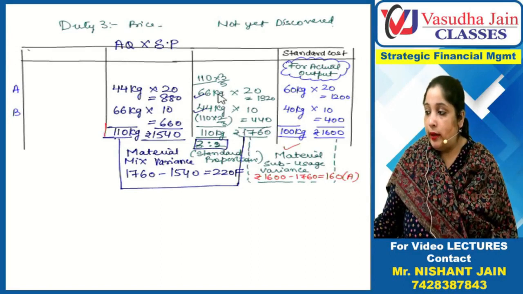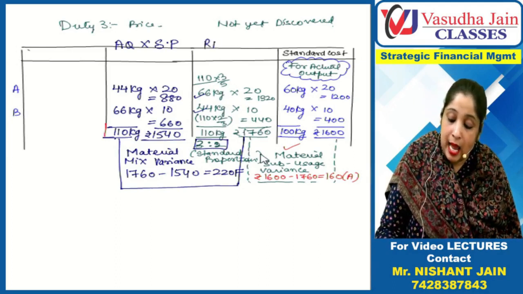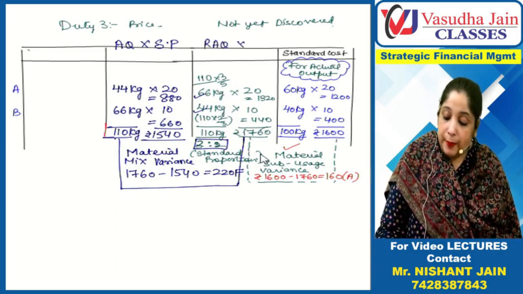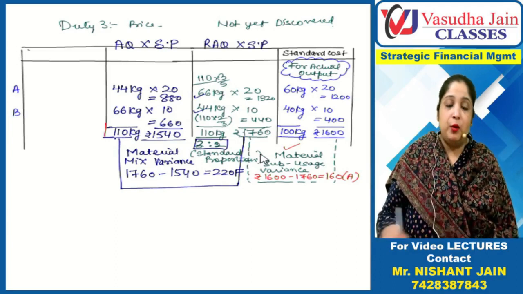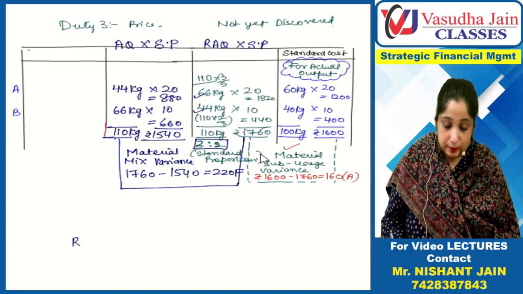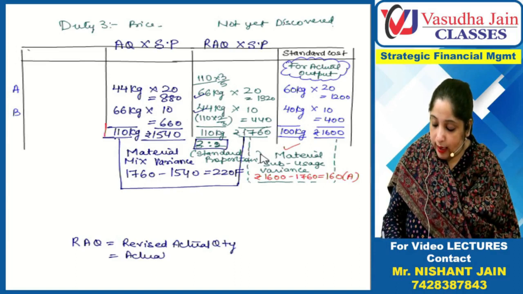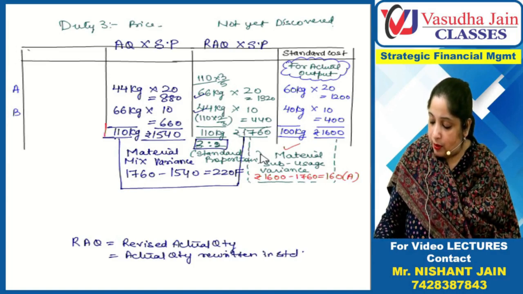So this quantity 110, which is written in the standard proportion, is termed as RAQ. Price is still standard, the reason being we do not know the third mistake. So what is RAQ? Let me write here. RAQ is termed as revised actual quantity, meaning actual quantity rewritten in standard proportion.